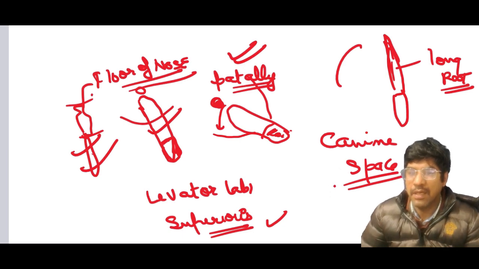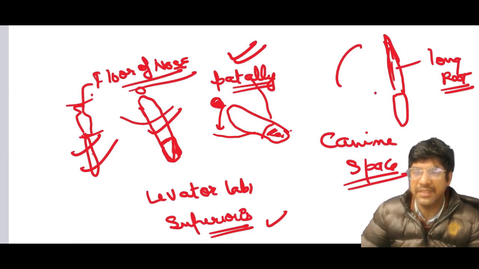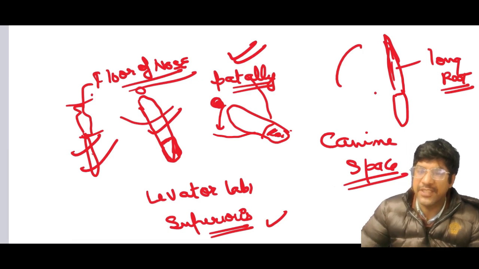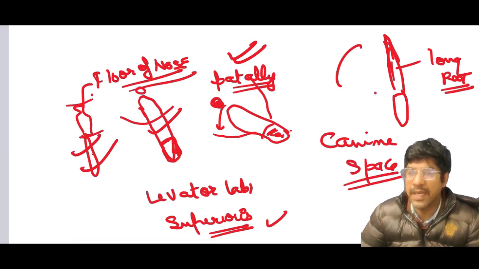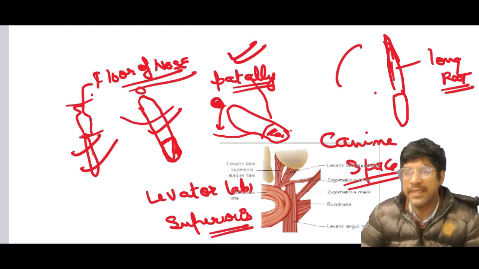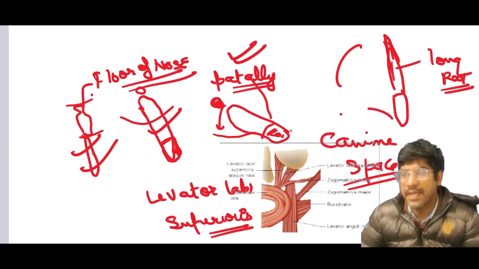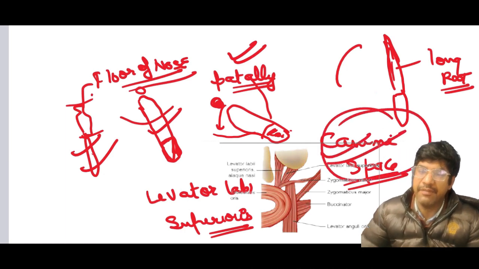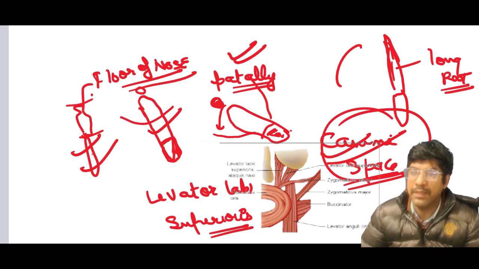The other is the maxillary labial plate of bone, the structure that surrounds the root of the maxillary canine. So the infection from the apical area of the upper canine tends to spread into this particular compartment that is known as the canine space. This space is confined between the muscle and underlying bone structure.